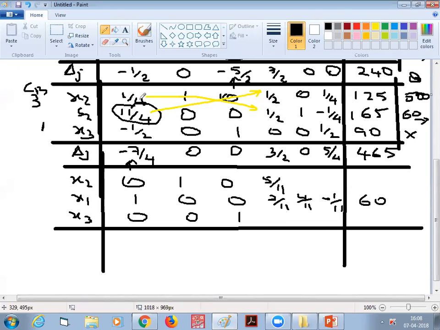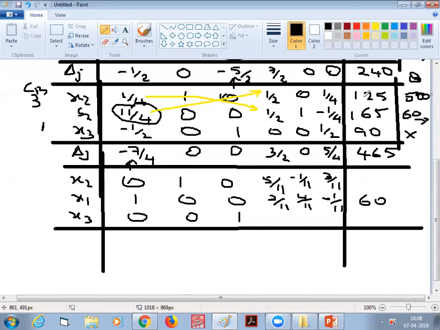Next one is 0. Minus 1 by 4 divided by that is minus 1 by 11. Next is 11 by 16 plus 1 by 16, which is 12 by 16, which is 3 by 4. 3 by 4 divided by 11 by 4 is 3 by 11.